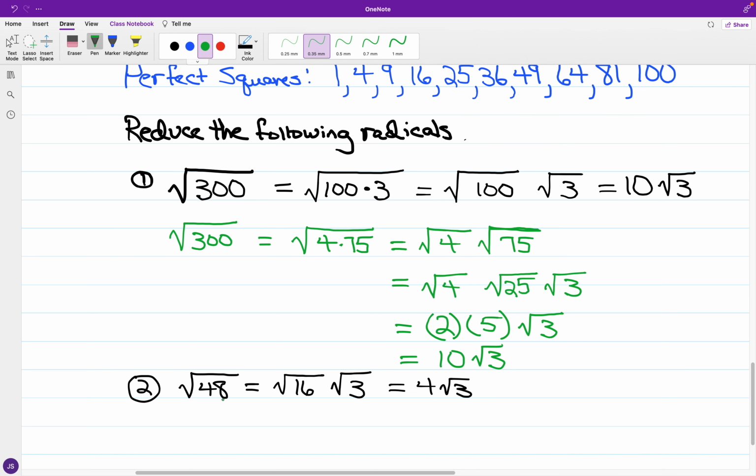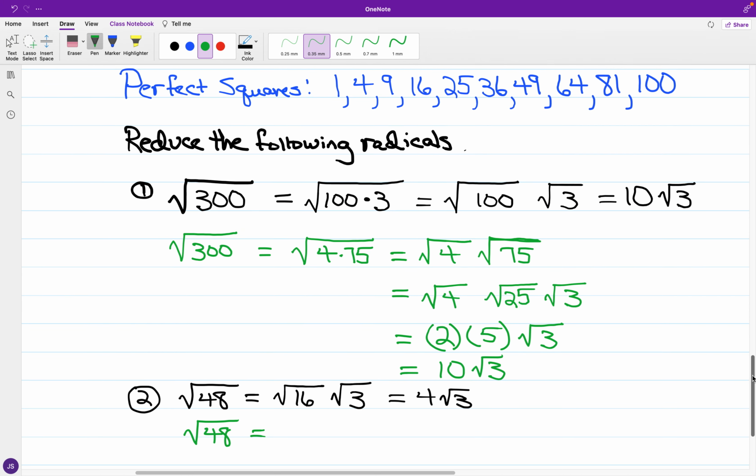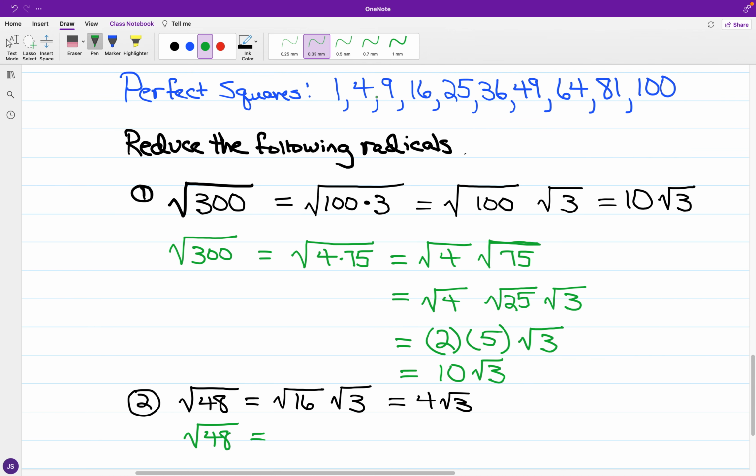And just to show, for the square root of 48, the other perfect square that will go into 48, well, that's going to be 4.